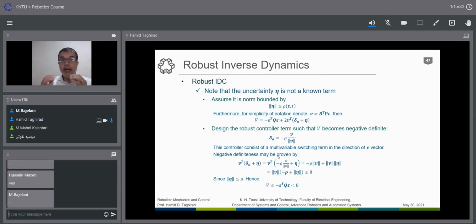But if you have 1, minus 1, 1, again the norm of it would be the square root of 3. It means that the direction in which you are applying your torque, 1, 1, 1, means that all the torques in the first three joints should be equal to each other.